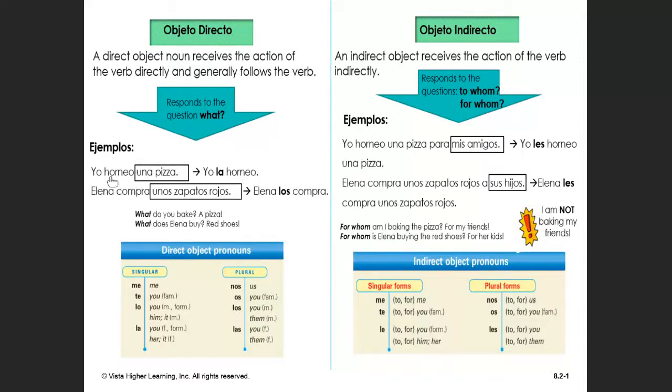So in the first example, I'm baking a pizza. Yo la horneo. Because I'm not talking about me, I'm not talking about te, I'm not baking myself, I'm not baking you, I'm not baking them. I am baking it, and it is feminine, so it will be la. Where is this la coming from? From here.